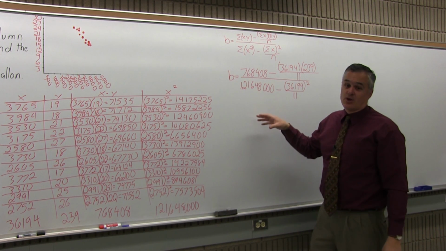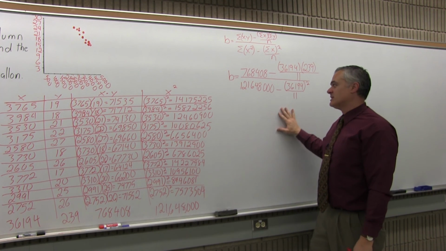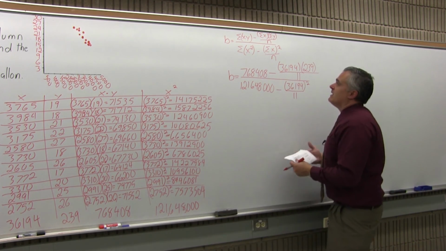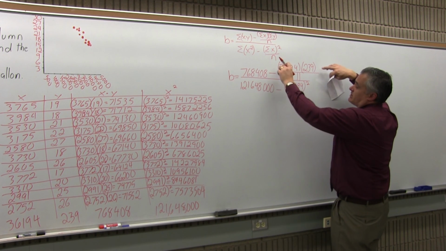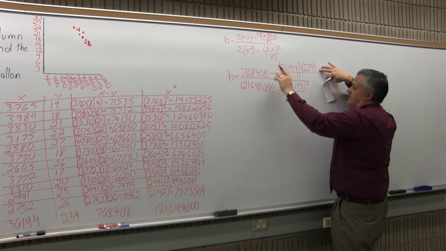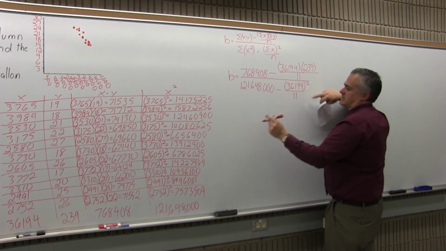So now we have to start the computation. Again, the numbers are pretty big, but they'll simplify down to something as we make some progress. So now the first thing I want to do is do the multiplication. So the first step, I'm going to multiply 36,194 times 239. I'll leave the other stuff. And underneath 36,194 times 36,194.